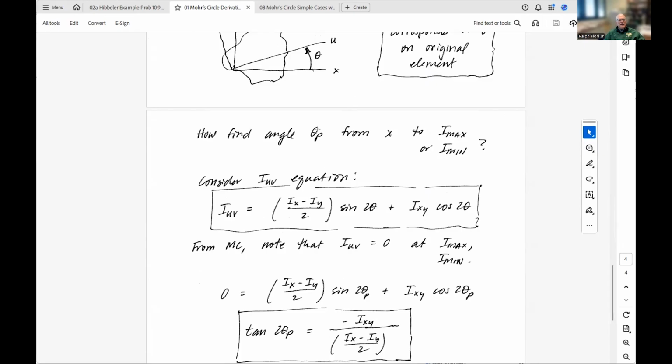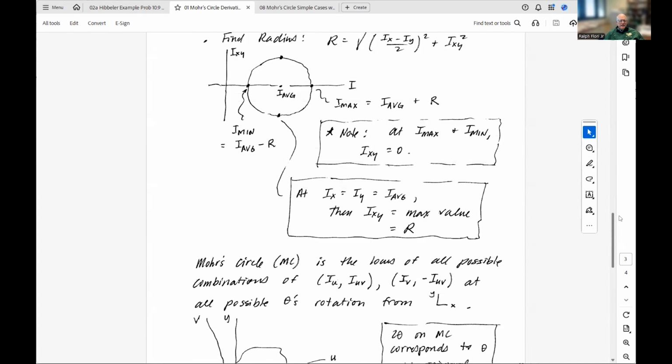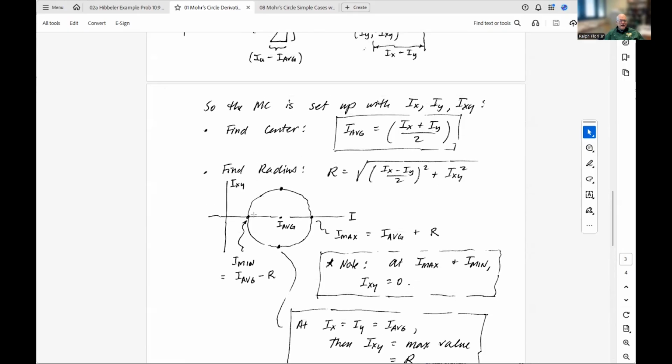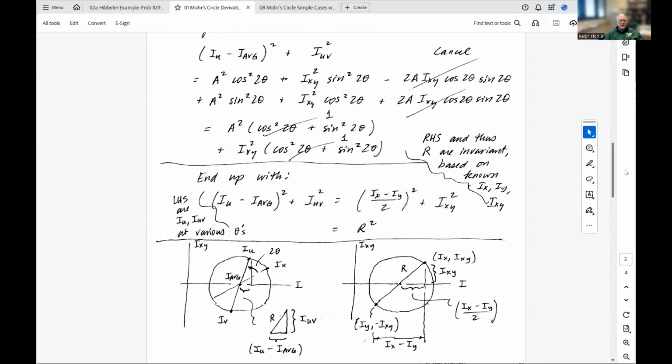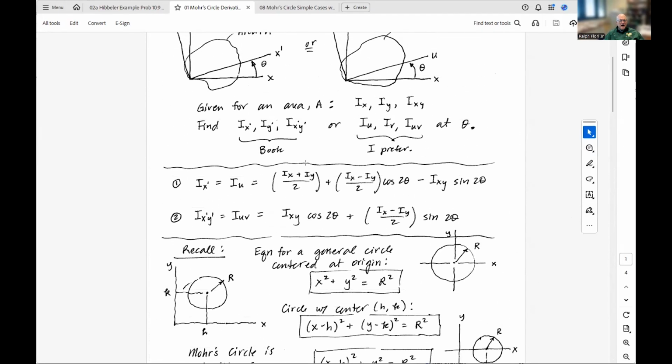So how do we find theta P from our x-axis to the Imax or the Imin? We basically said that IXY is 0 at our Imax or our Imin. So what we can do is take the IUV equation, set it equal to 0, and solve for theta P, the angle at which this guy is 0.